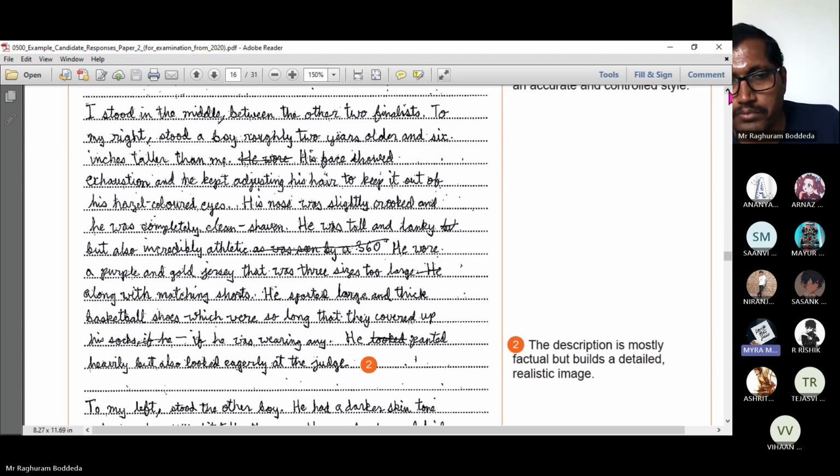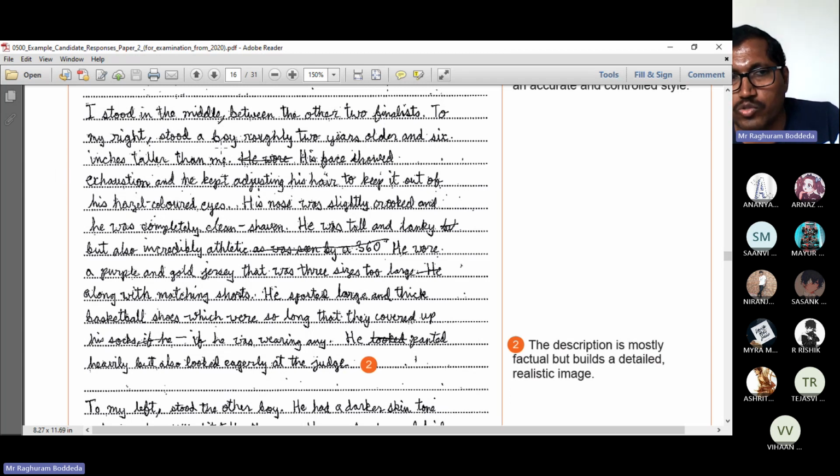In this paragraph, there are many descriptions about one particular boy. Yes, that's true. And mostly, they're also roughly 2 years older, and this kind of comparison.